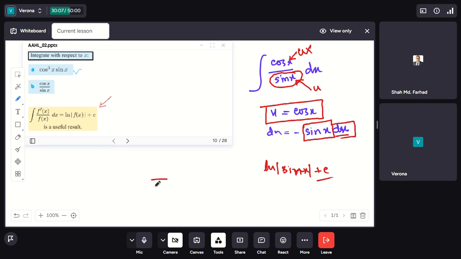If we have a function on the denominator, that is sin x, and the numerator is cosine x, right?